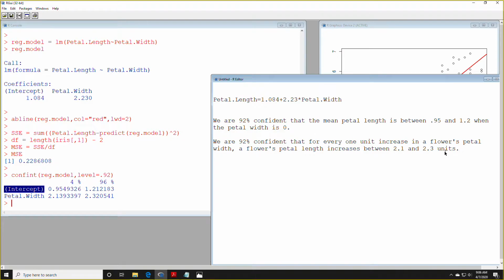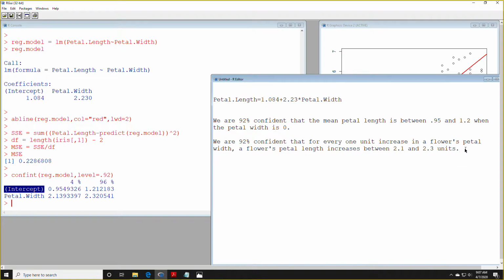Okay, maybe it's inches or millimeters or whatever it is. And so this is the one that's useful. Okay, so for every 1 inch increase in a flower's petal width, we are 92% confident that the flower petal's length is going to increase between 2.1 and 2.3 inches.